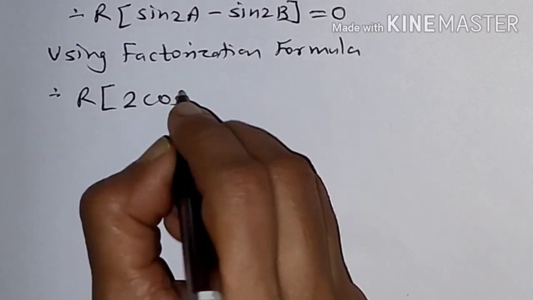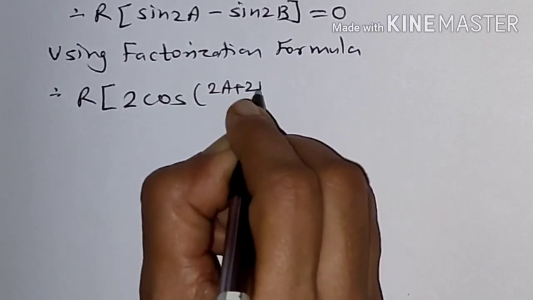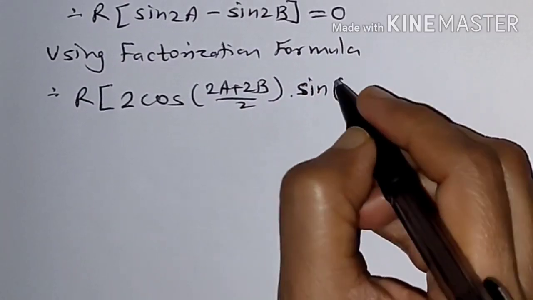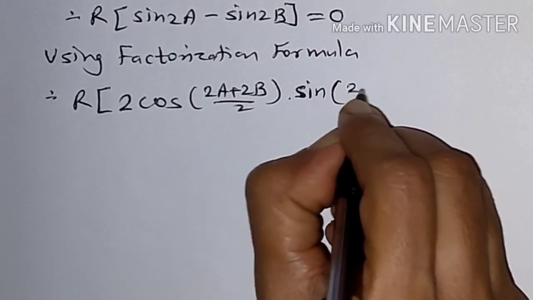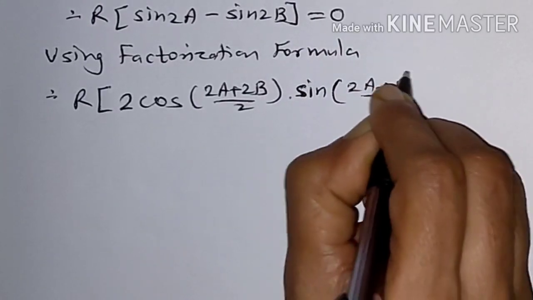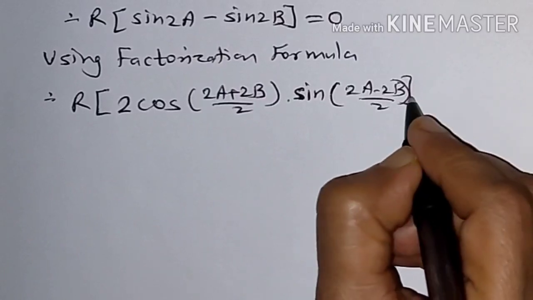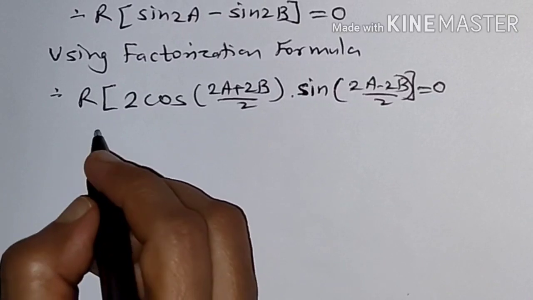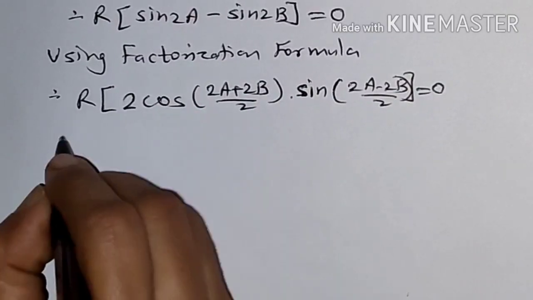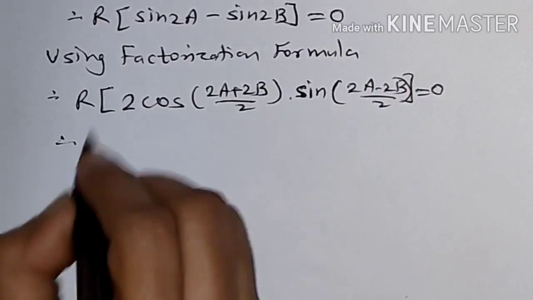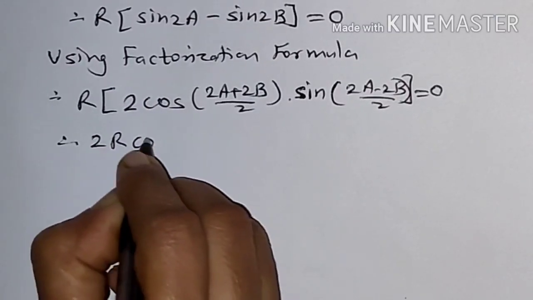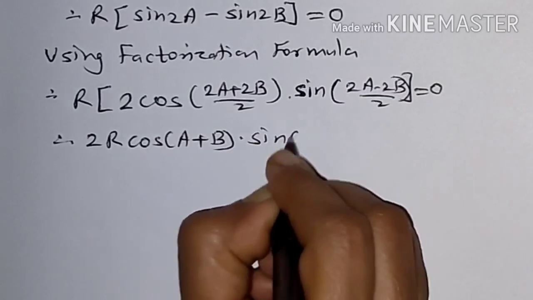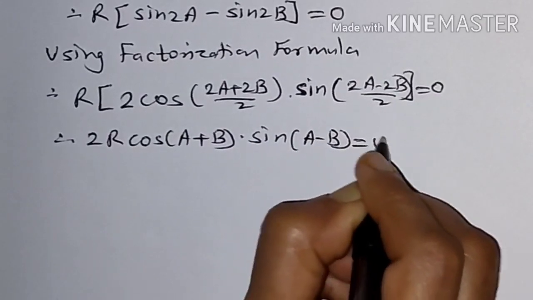So (2A plus 2B) upon 2 into sine (2A minus 2B) upon 2 is equal to 0. Therefore, 2R cos(A plus B) into sine(A minus B) is equal to 0.